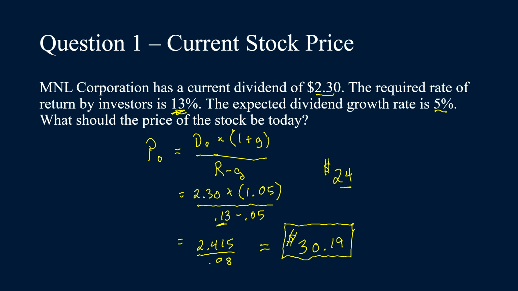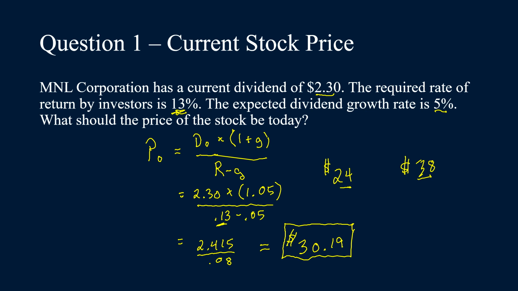On the other hand, let's say you go online and look at the stock price and the stock is trading at, we'll say, $38. Well, you figured that it's only worth 30, but it's trading at 38. So according to this formula, the price is overvalued.